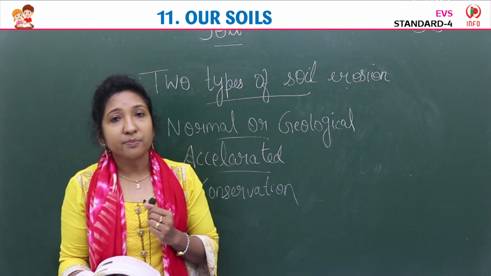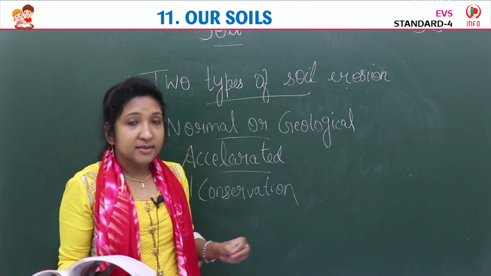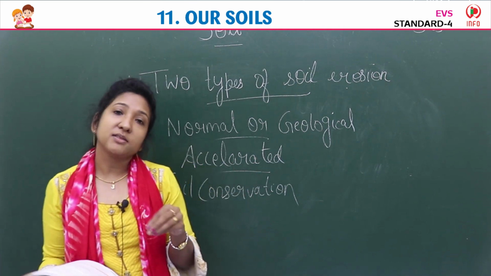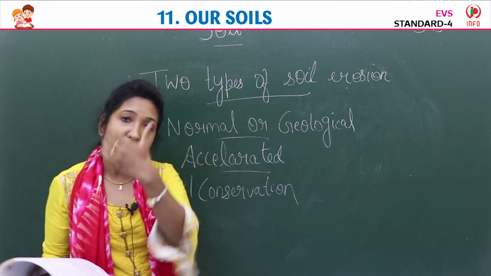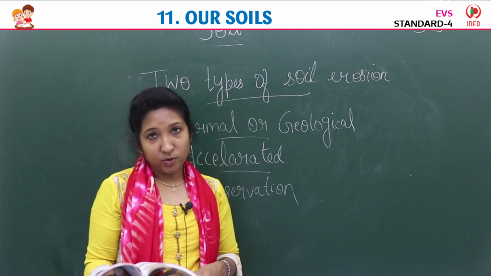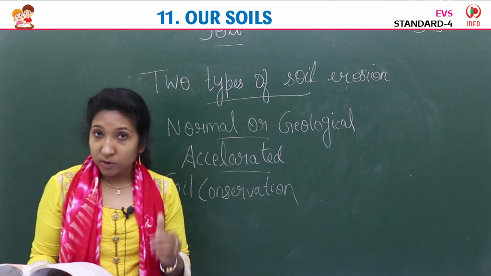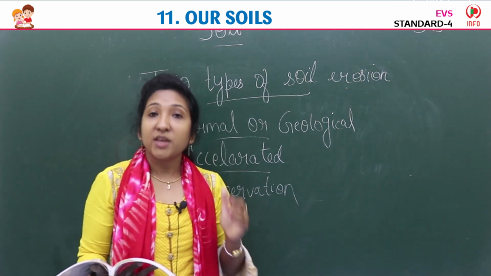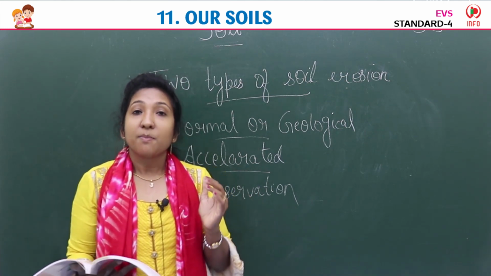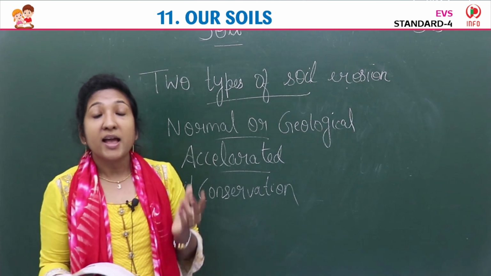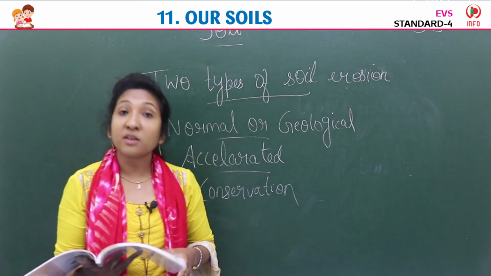What is an ecosystem? It's all the living things, plants, animals, human beings, interacting with each other and living in an environment. In this ecosystem where we are living, we need all these natural resources. Soil, water, these are all natural resources.